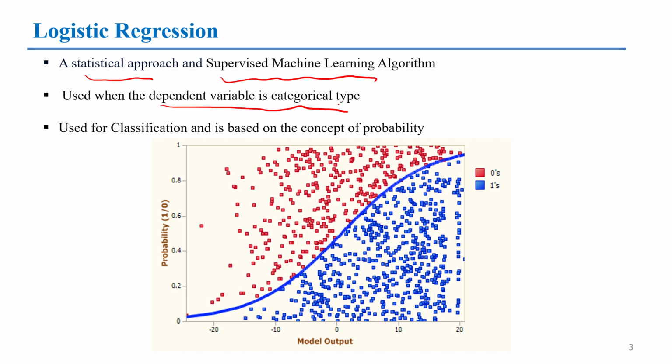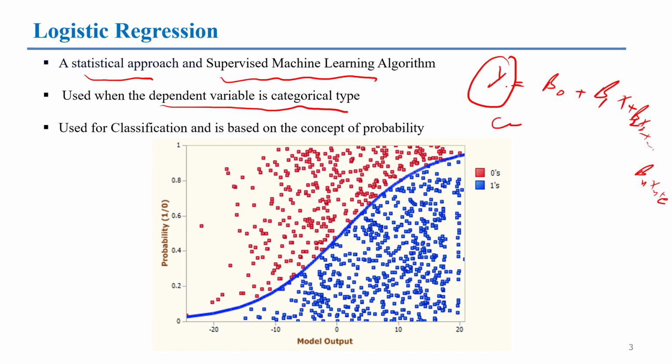In linear regression we write the equation y is equal to beta naught plus beta 1 x1 plus beta 2 x2 and so on up to beta n xn and an error term. That is the linear regression line, where our dependent variable must be continuous.